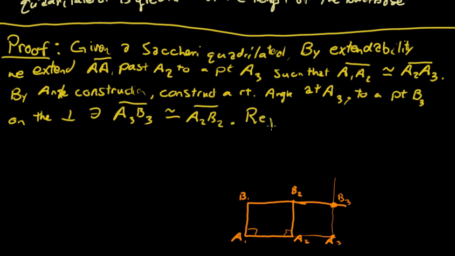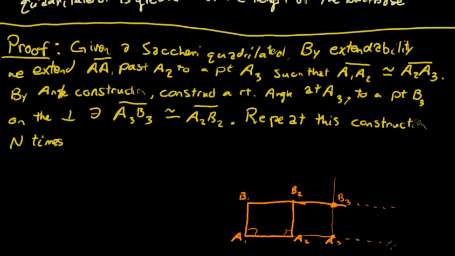We'll say repeat this construction n times. So we'll get all the way down here and have a point A sub n and B sub n.